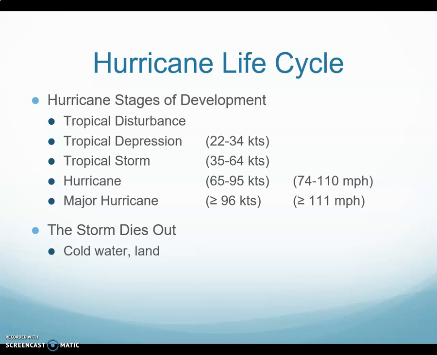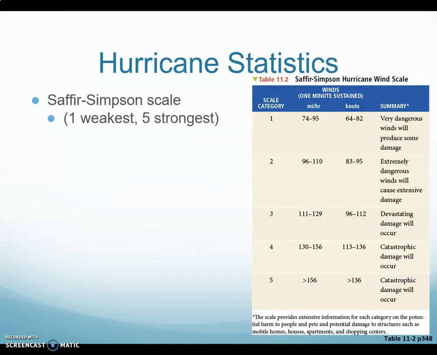So we talked about hurricanes and major hurricane being category 3 or higher. That leads us into the Saffir-Simpson scale, which is basically just the categories of tropical cyclones, hurricanes specifically. Once it becomes a hurricane scale storm, in other words, 74 miles an hour, 64 knots, it's a category 1 storm.